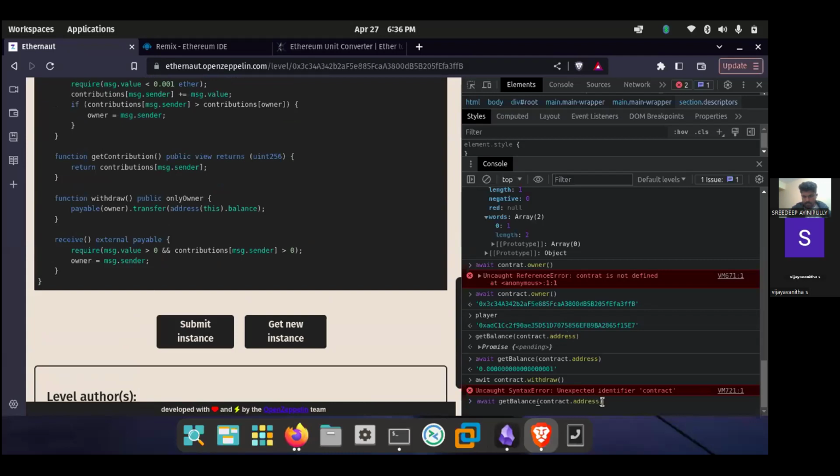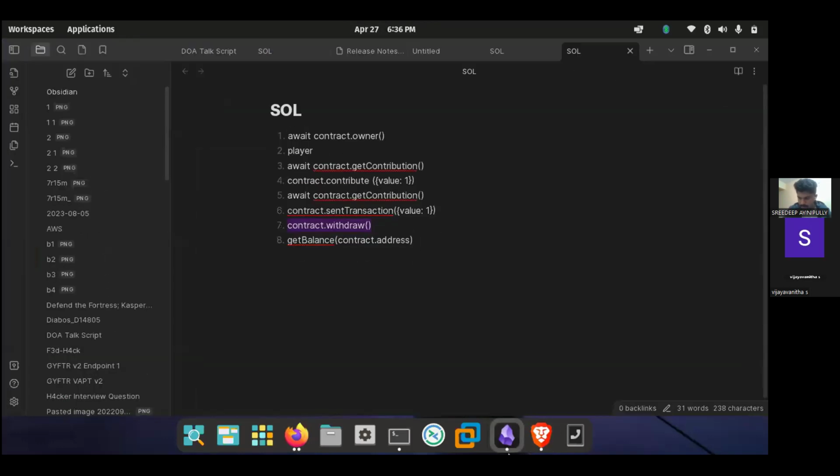Actually, there is one intermediate code missing, and I have to figure out what's missing. That's what I'm checking, what I have missed here. Let's open the transaction, get transaction code.